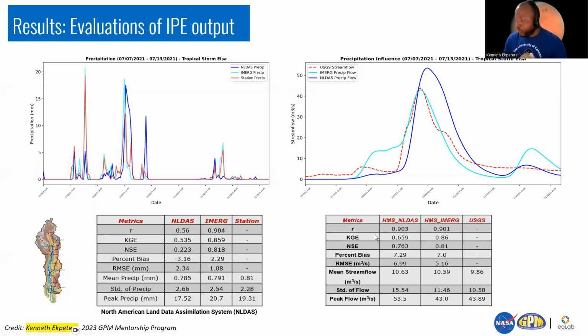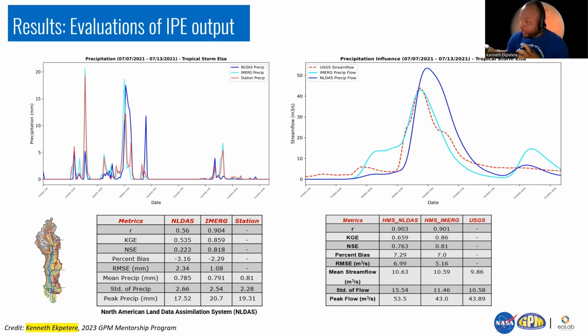And then we use that input to run hydrological models, using HMS, which is hydrological modeling software, to generate discharge, right? And discharge is basically used to generate what we call the stage, and then we can do the flood mapping to see the flood extent.